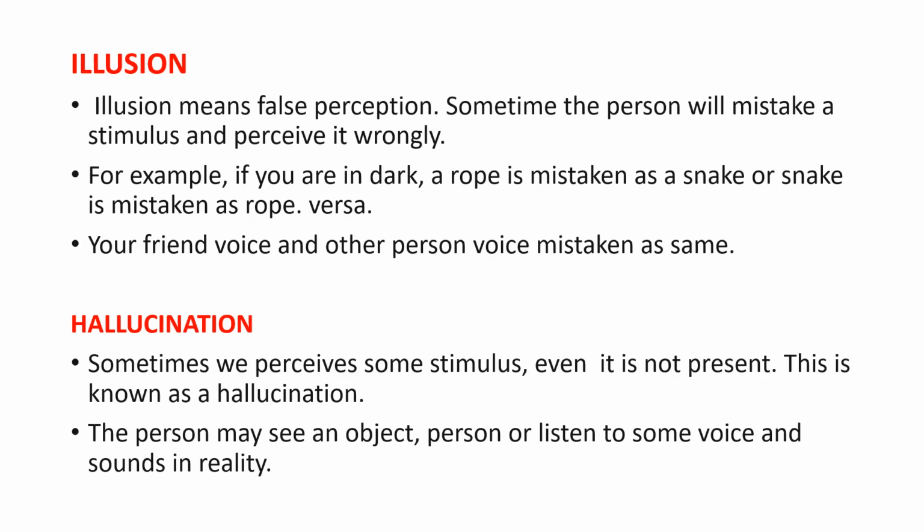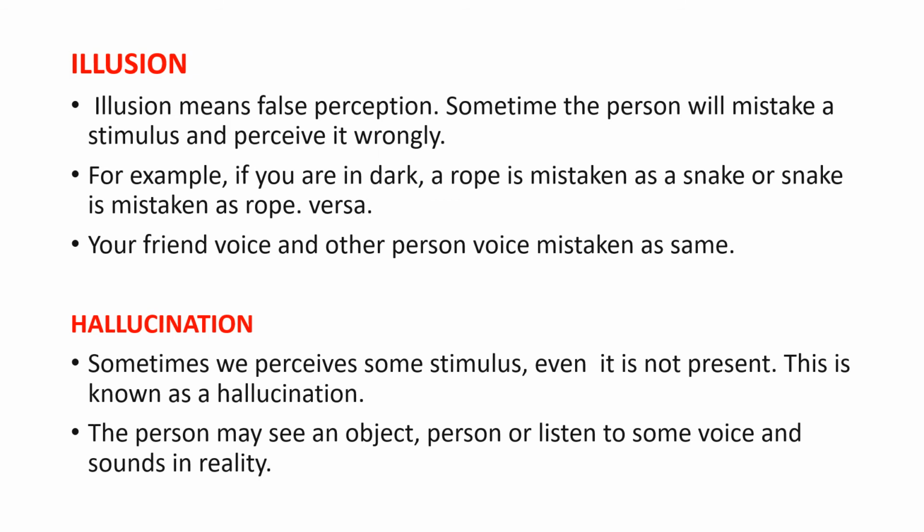First thing is illusion. In many slides I have described what illusion is. Again I'm telling, illusion means false perception. Sometimes the person will mistake a stimulus and perceive it wrongly. With an example it will be easy for you. If you are in the dark, a rope is mistaken as a snake or vice versa, a snake is mistaken as a rope.